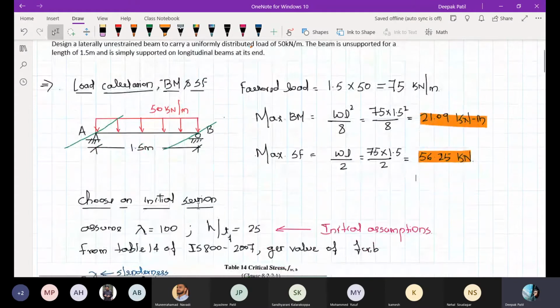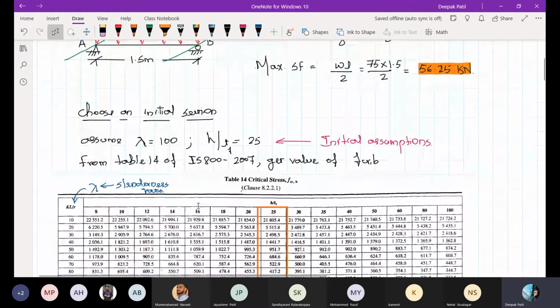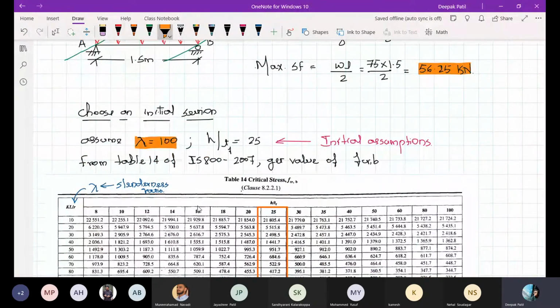To choose an initial section, we go for a term called lambda, which is called the slenderness ratio. And we go for one more term, the total depth of the beam to the thickness of the flange, as 25. So we assume a slenderness ratio of 100 and h over thickness of flange equal to 25. These are just initial assumptions.